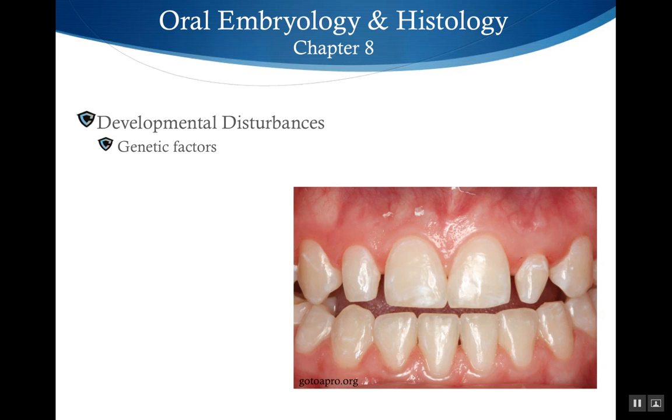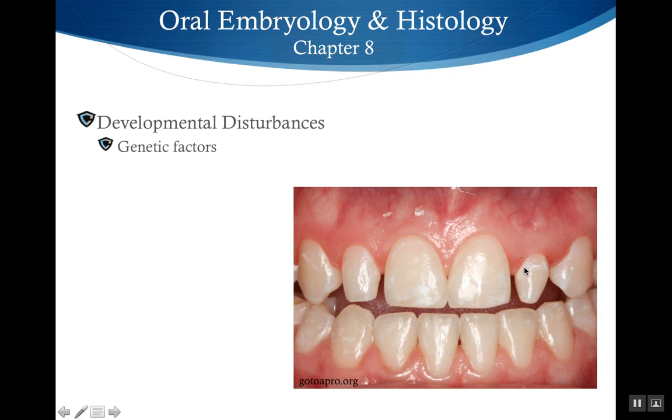Sometimes wisdom teeth, the third molars, never form. Sometimes extra teeth form. Another genetic factor we oftentimes see is what we call a peg lateral. This is an example of a peg lateral. Both of these are peg laterals.